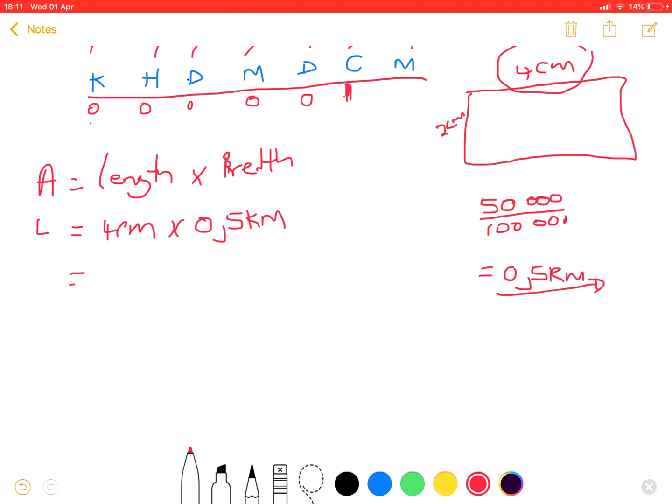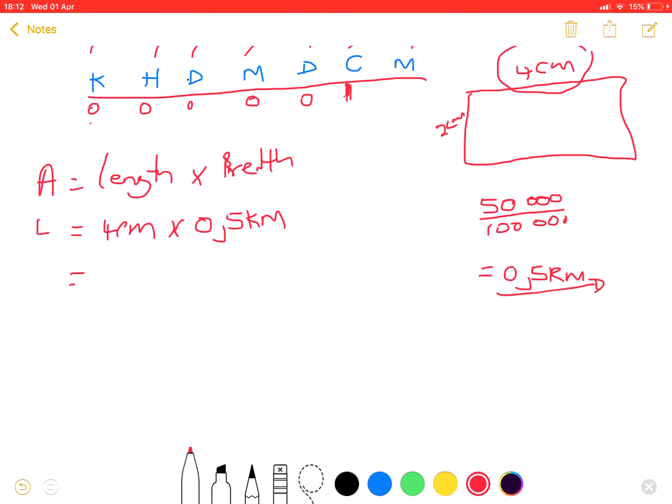All right. So now let us calculate this area, saying 4 multiplied by 0.5 kilometers. We are going to use our calculators. I hope you also have your calculator at home.